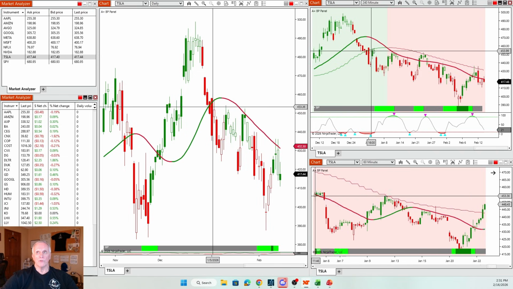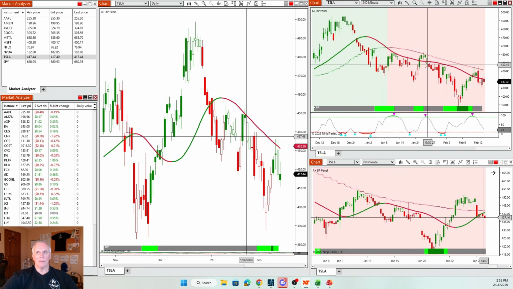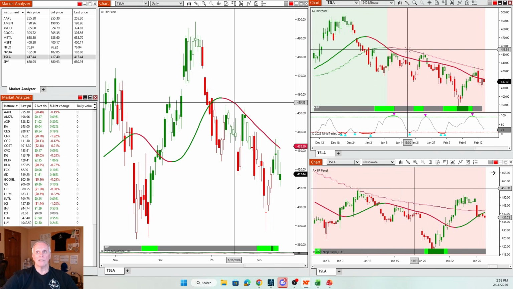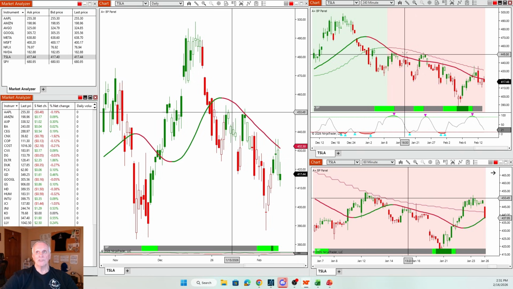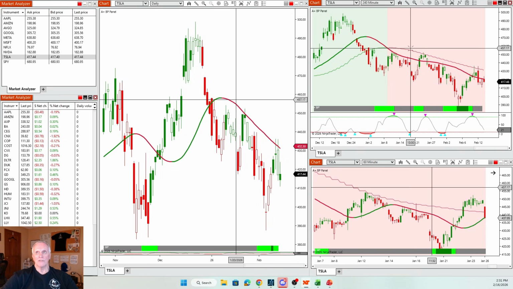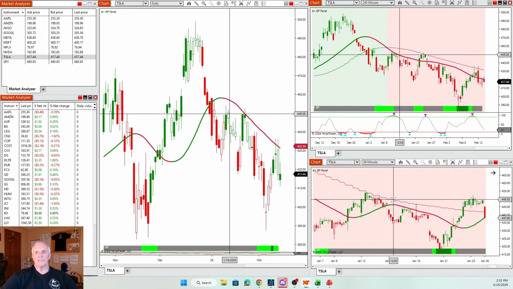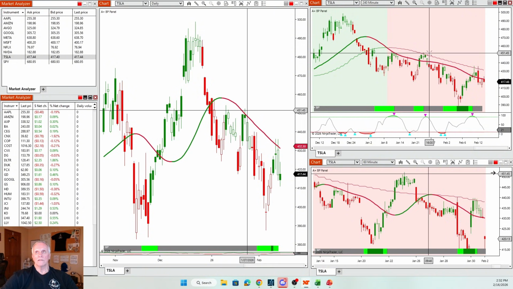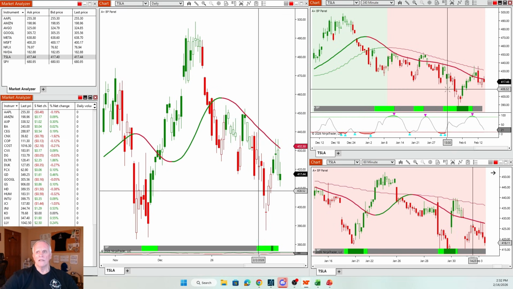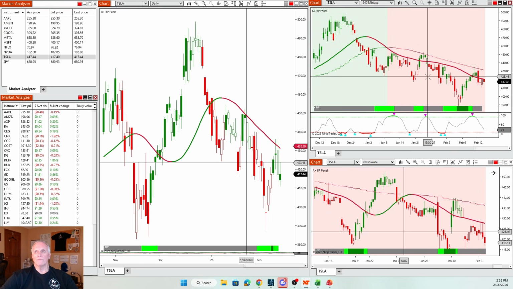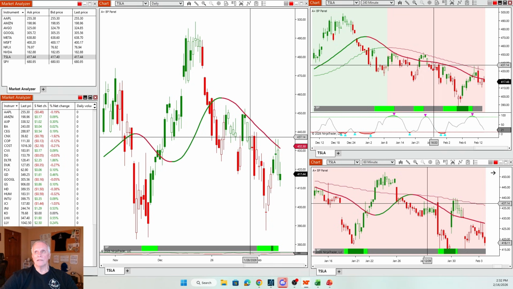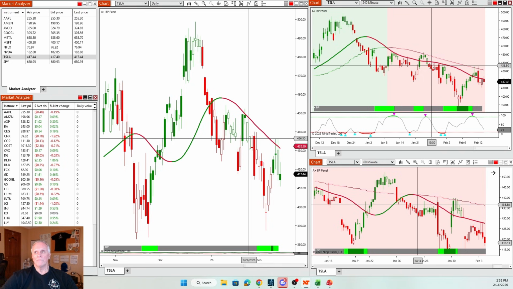So, you're plotting multiple time frames. CentreLine is higher time frame CentreLine for the chart. So this CentreLine here is the daily. This CentreLine here is the 4 hour. And, there's your put entries right there.